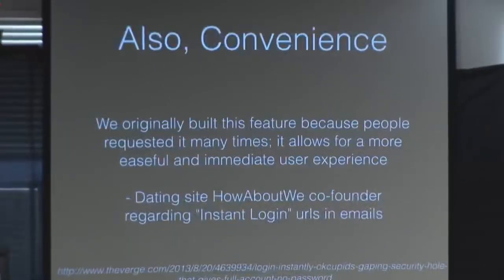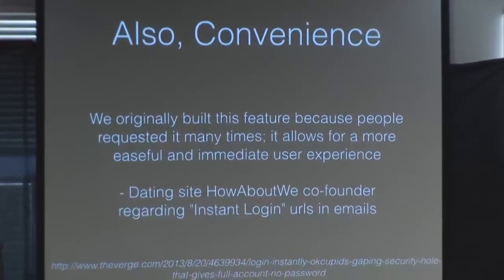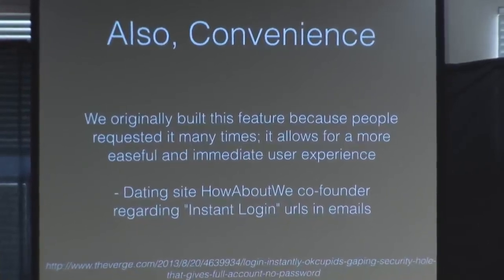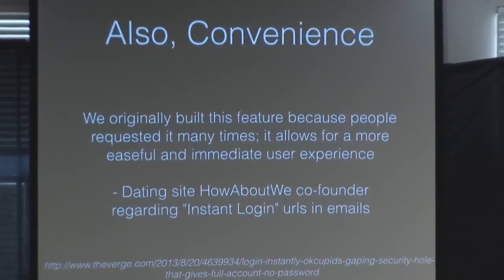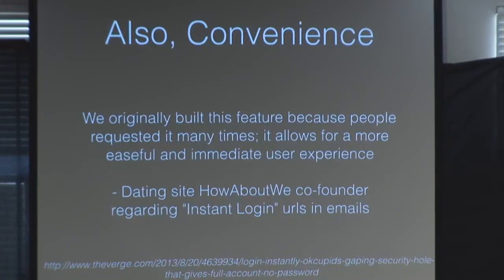Another reason they do it is just for convenience. Recently there was an issue with OkCupid.com, a dating site, and there was a blog post about how the emails that they sent out automatically logged you in when you clicked on them. So if you forwarded that email to somebody else, or somebody else got access to your email account, they could just click the link and see all your messages in your inbox and things like that.